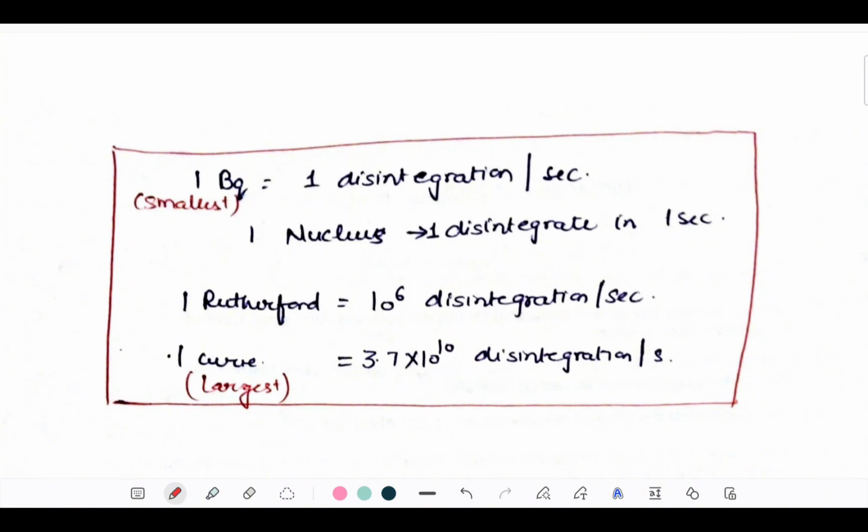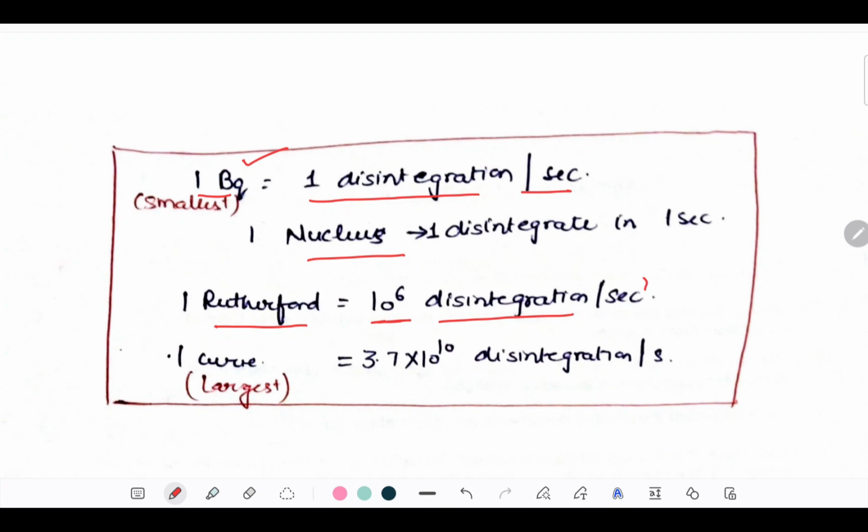Sometimes the examiner would ask about the smallest unit of radioactivity. It is 1 becquerel, and it is equal to 1 disintegration per second. Like in 1 second, if 1 nucleus disintegrates, then this unit is known as 1 becquerel. The second unit is 1 Rutherford, which is 10 raised to the power 6 disintegrations per second.